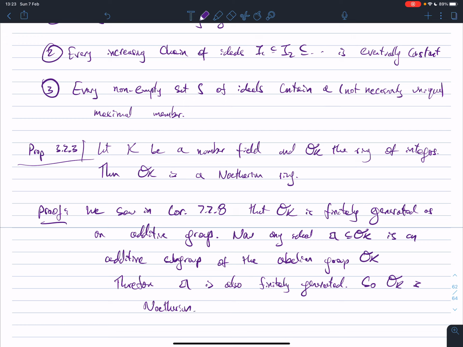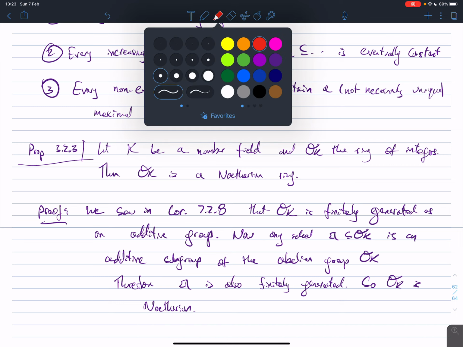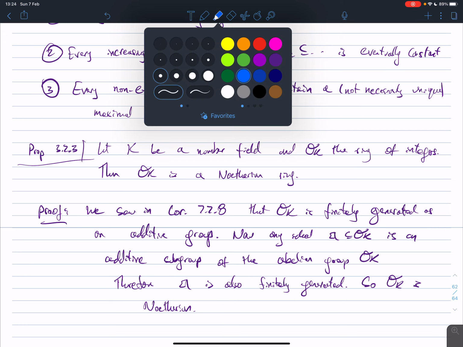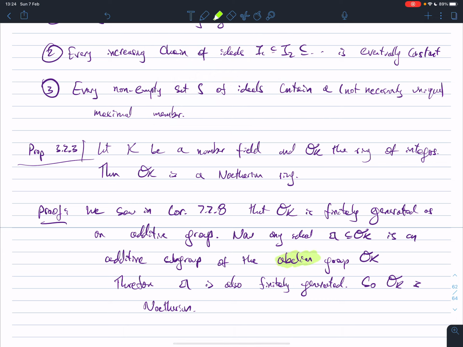Now, let me highlight again the word abelian. Abelian is the key word here. If you had an additive subgroup of a random finitely generated group, it need not be finitely generated.